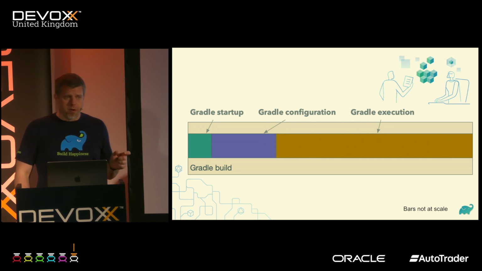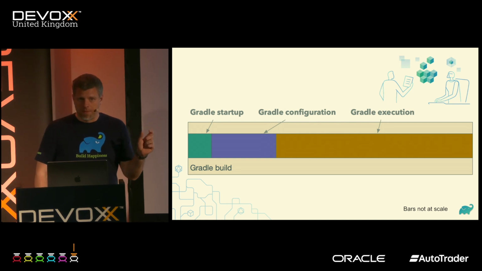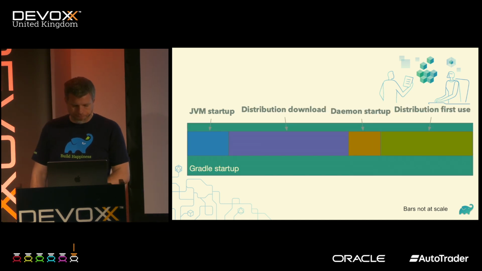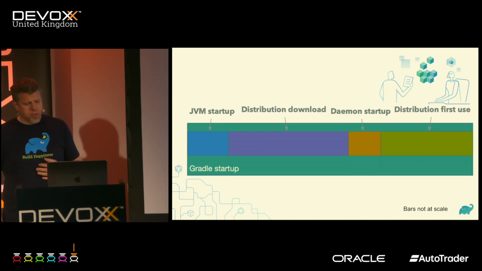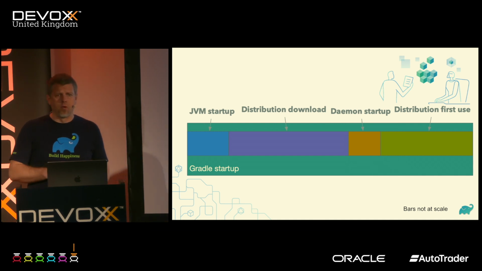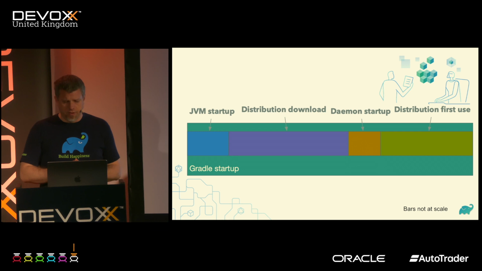But we need to remember that we're on the JVM. And so there is a bit at the start, which is the startup. I mean, JVMs have gotten pretty good at quick startup, but it still is something that matters. So if we focus on the startup, like I said, you run Gradle or Gradle W if you have the wrapper. That starts a JVM.